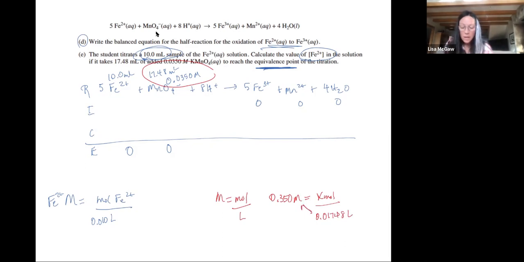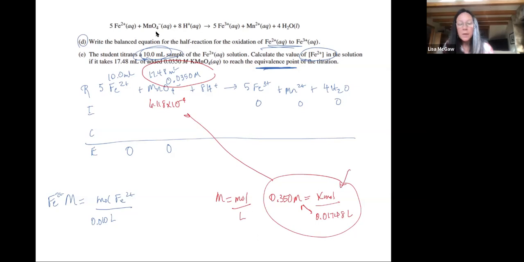The volume times the concentration will give me the number of moles, and the number of moles that you get for the MnO4 is 6.118 times 10 to the negative fourth moles. All right, so you guys, this is what we have to see for credit. You can just put your answer into your table. I'm going to give you 1 point for showing me the setup right there. I won't give you a point if you just give me the number.